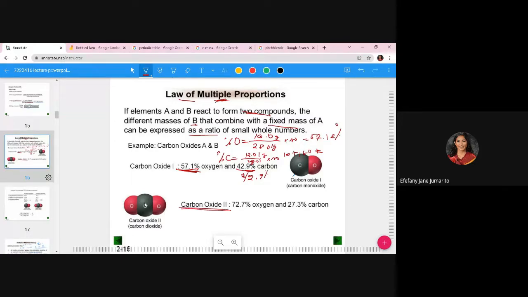So we have two elements present, but in this case, we have two atoms of oxygen. Now, let's get percent oxygen also.